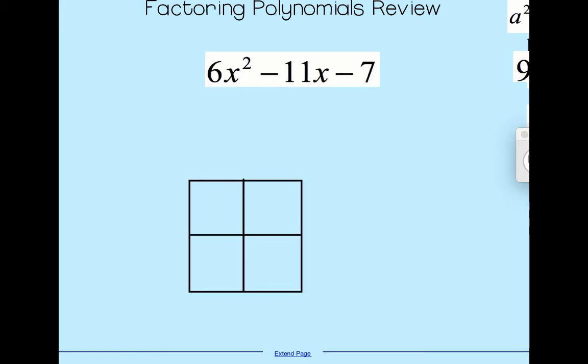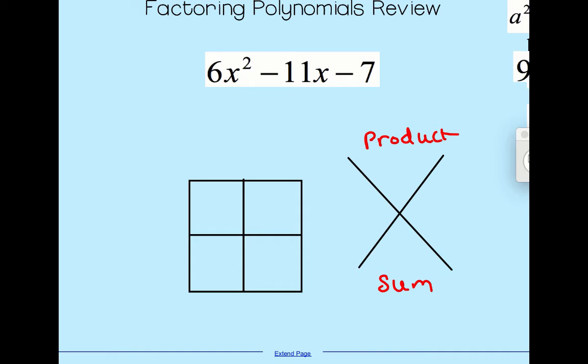Okay, when I do this one, I'm going to introduce a graphic organizer that I like to use, and I like to call this the Xbox method. I want to look at a target product, which means what they are going to multiply to, and a target sum for choosing the two numbers I'm going to use.